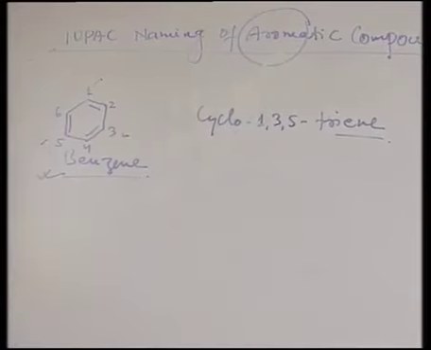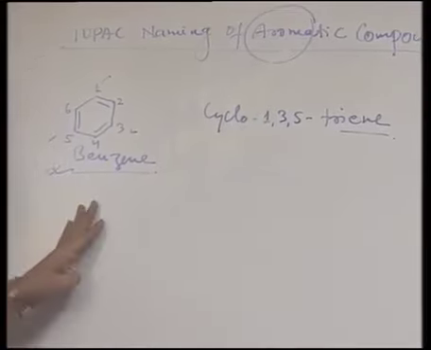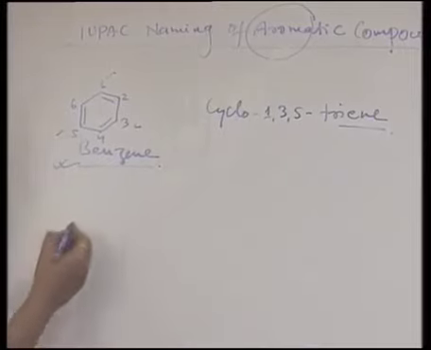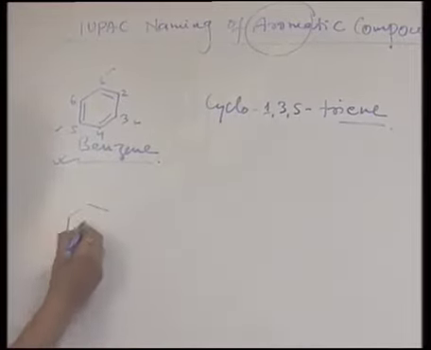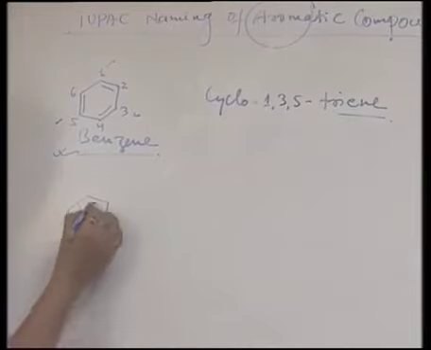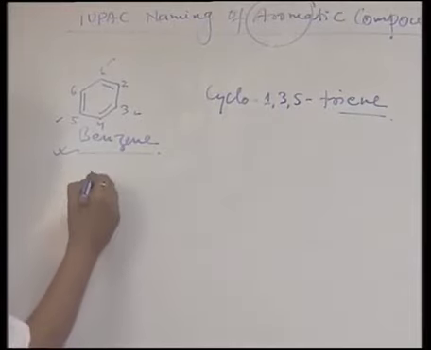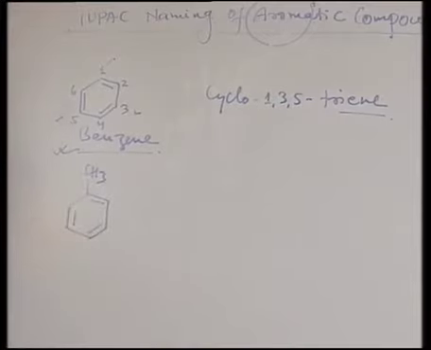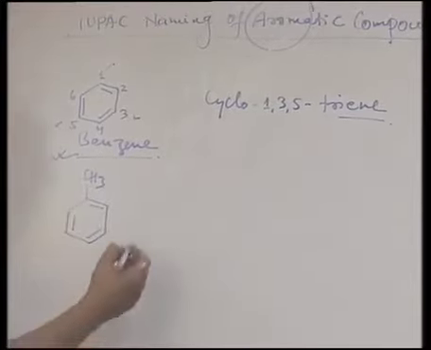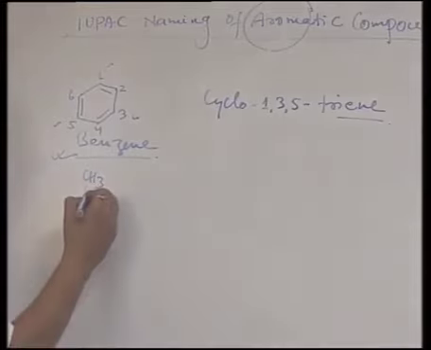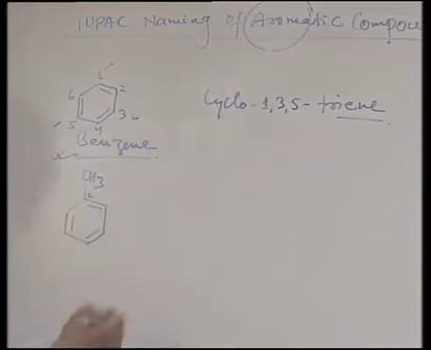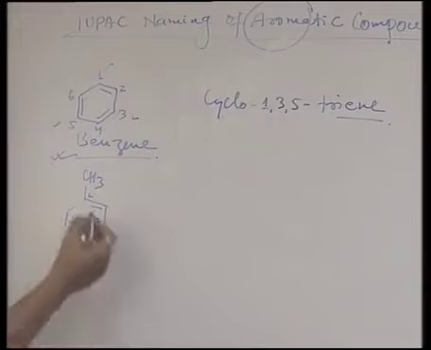Now, see some common examples of aromatic compounds and their IUPAC naming. For this we can write 1-methyl. We have to start the numbering from this carbon, or anywhere, since this methyl group may be at this place or this place, its number will be 1.